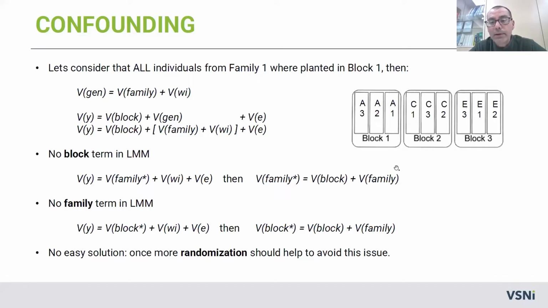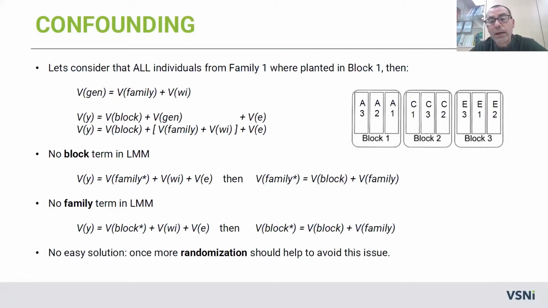It's a very similar experiment, but in this case, I have individuals tested within the same family. So for example, in block 1, I planted individuals from family A: individual 1, individual 2, individual 3, randomized from family A. But then on the other block, I planted only individuals from family B, and then only individuals from family C and so on, through all the blocks.